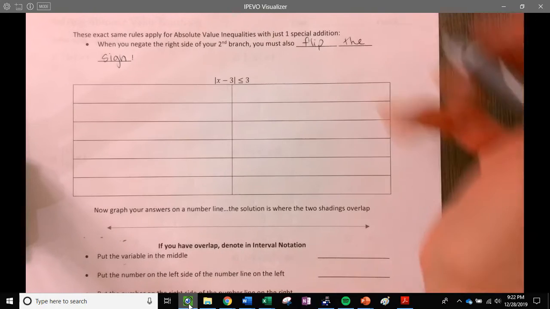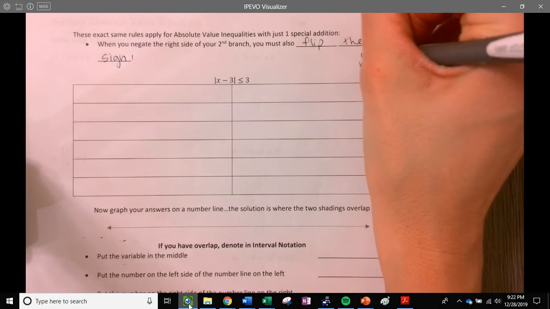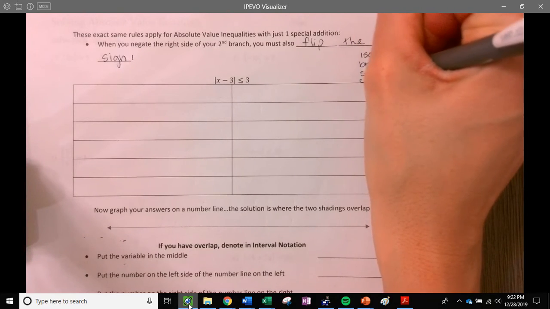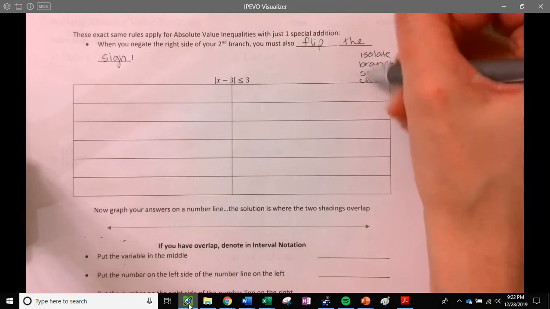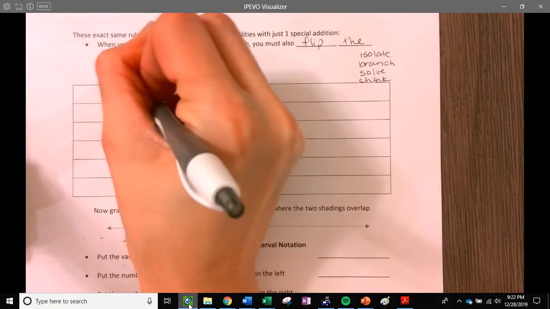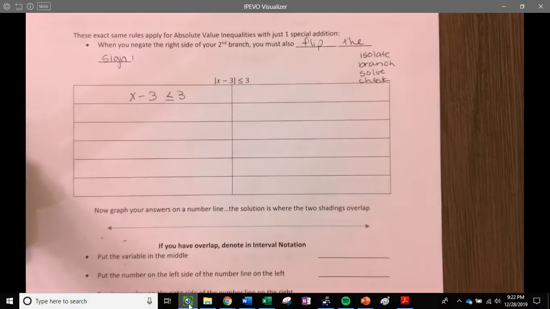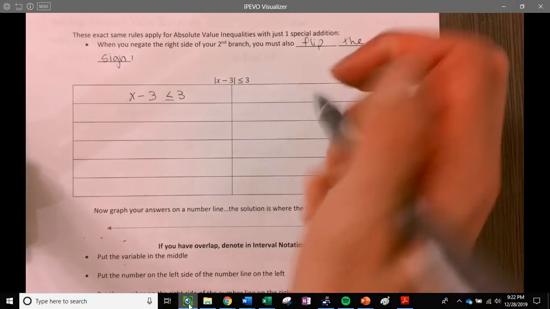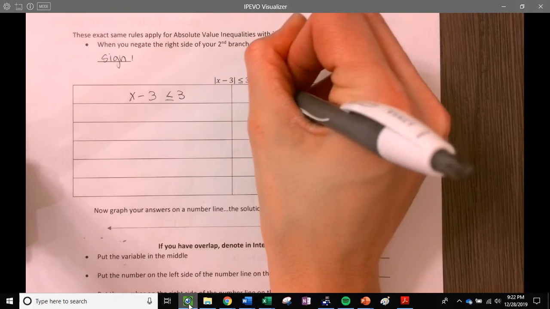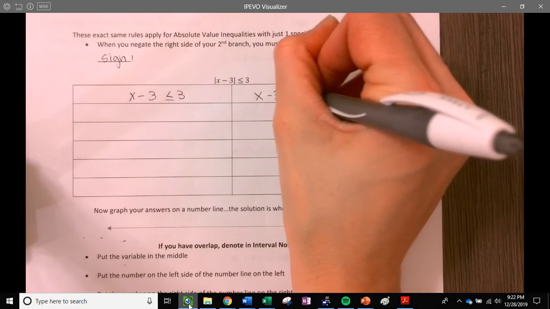Remember that our steps are isolate, branch, solve, check. IBSC. All right. We're going to branch: x minus 3 is less than or equal to 3. And this side becomes x minus 3 is greater than or equal to negative 3.